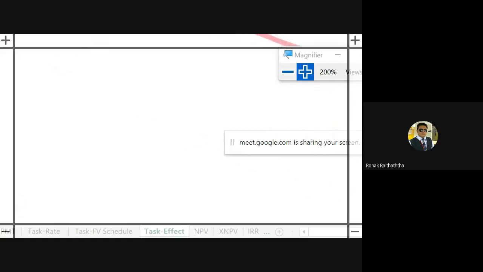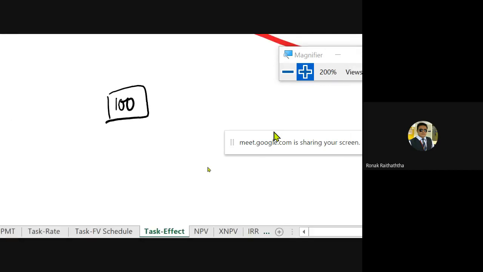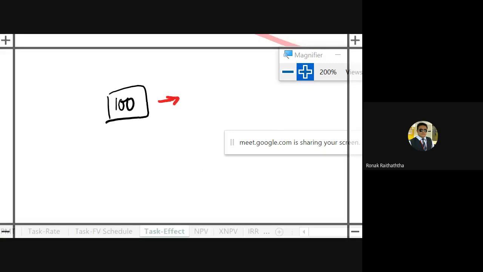Say, for example, you are investing in one option of say 100 rupees, and this investment gives you 6 monthly return. That means you will be receiving the return 2 times in the entire year. And say, for example, the rate was around 10%.